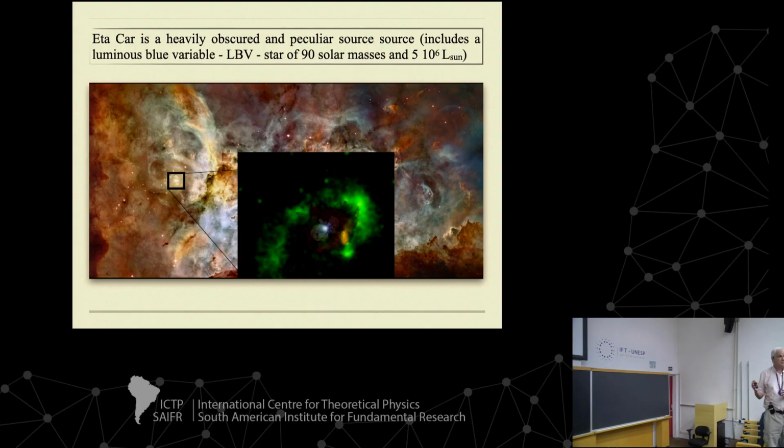Because of the mass of this star, we expect not a supernova explosion, but a direct collapse to a black hole. And that is what is called a gamma ray burst. So this star will be the next gamma ray burst that will be produced in the galaxy. Hopefully the jet will not point in the direction of the Earth, because that could be dangerous.